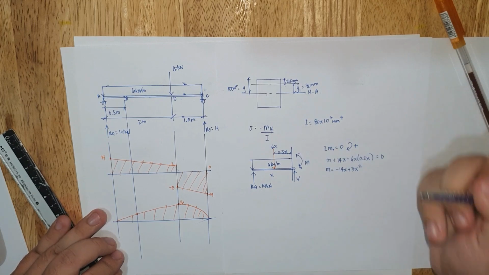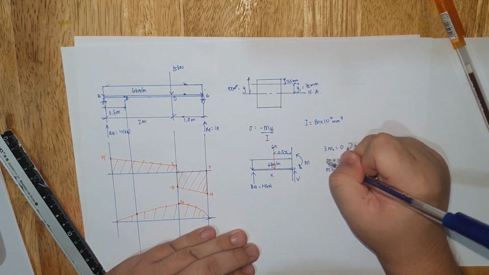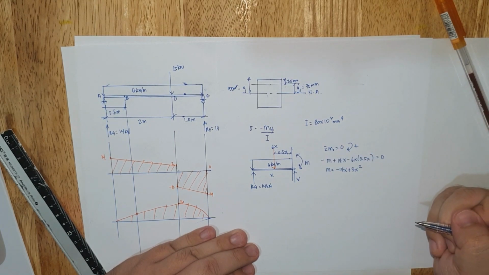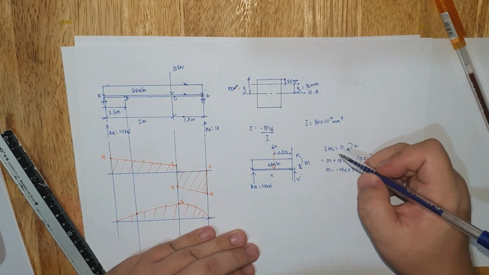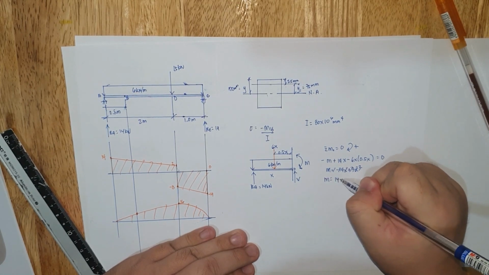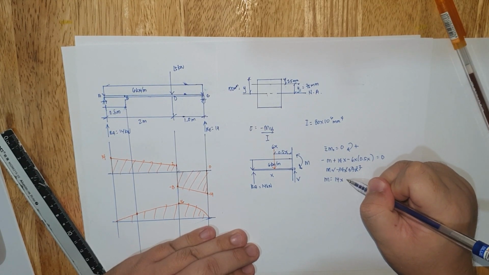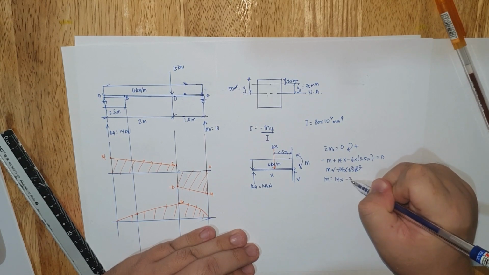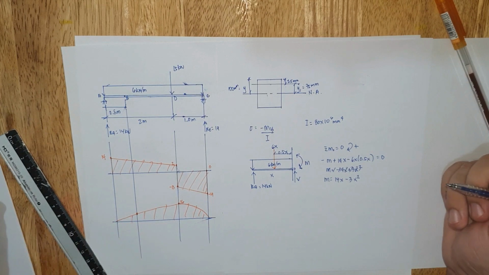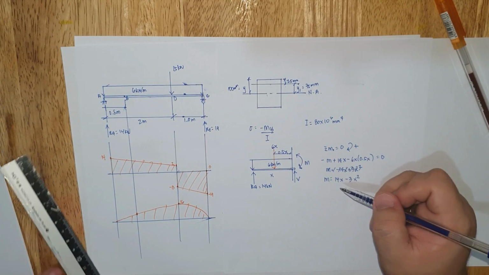Dapat ito yung direction to ipataas. Okay, so dapat negative to. Then ito, i-change natin to. Kung itong M is equals to 14x minus 3x squared. Okay. And so ito yung formula ng moment natin.